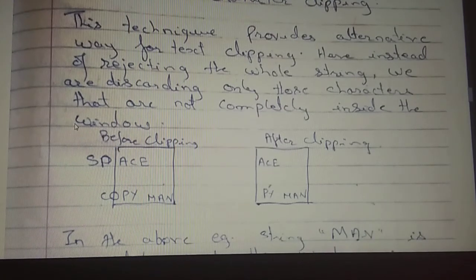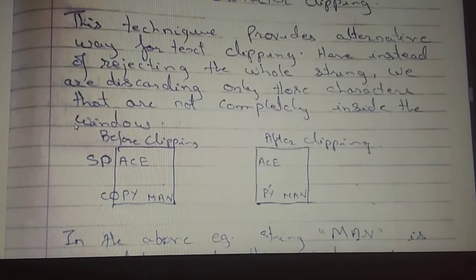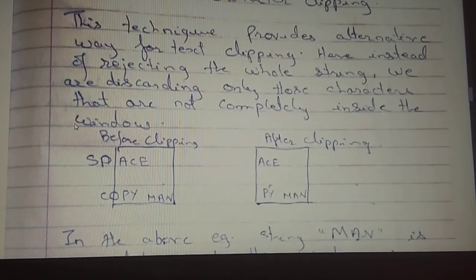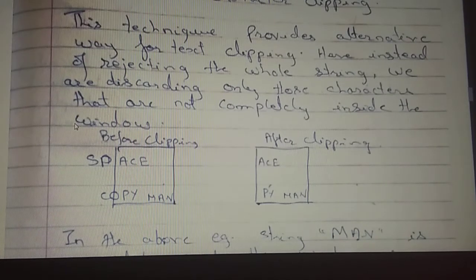But in this case it is all or none character clipping. So here we'll not consider the whole string as one, we will consider each character as a single unit. So for this, discarding only two characters will be sufficient, as we are considering every character in a string as different units. So we'll discard S and P, right? So after clipping we will get ACE and man.